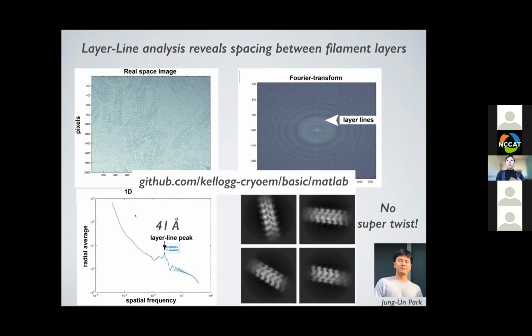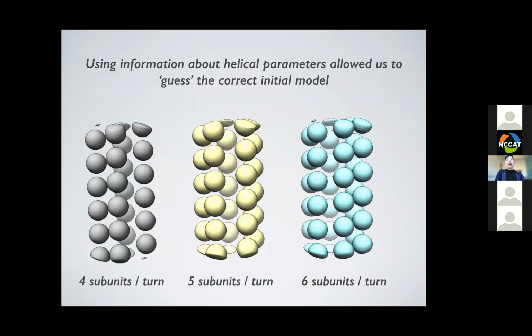In any case, after doing this analysis, Jung-Un realized he could guess at an initial reference that would correctly identify the helical parameters, and also allow us to get an initial reconstruction. Using utilities in the RELION toolbox, he generated 3 different initial models, one containing 4 subunits per turn.